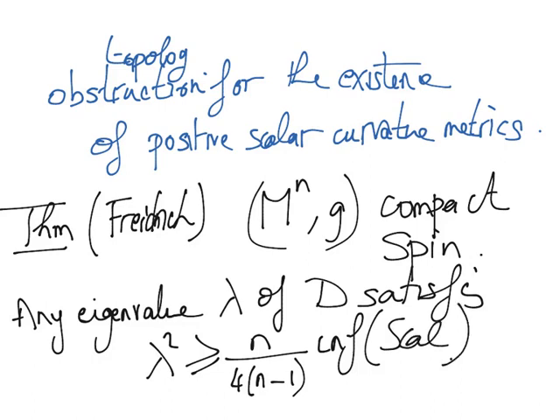Of course, needless to mention that it improves the Friedrich inequality, because n over (n minus 1) is strictly bigger than 1, so you get strictly bigger than 1 over 4 the infimum of the scalar curvature, which means that it improves the Friedrich inequality.